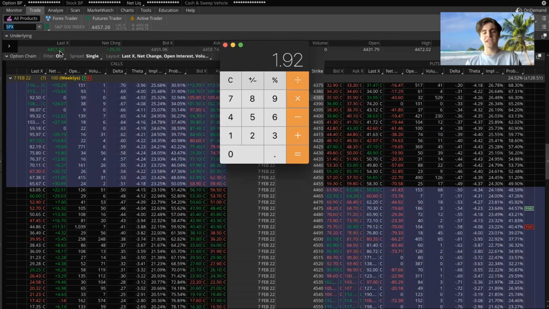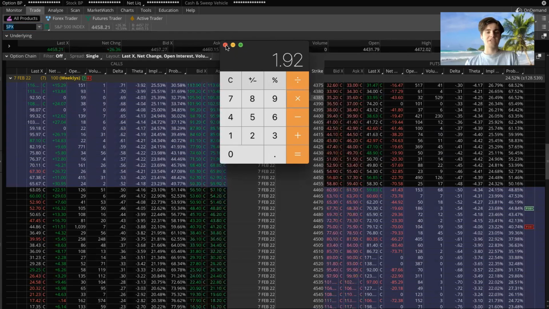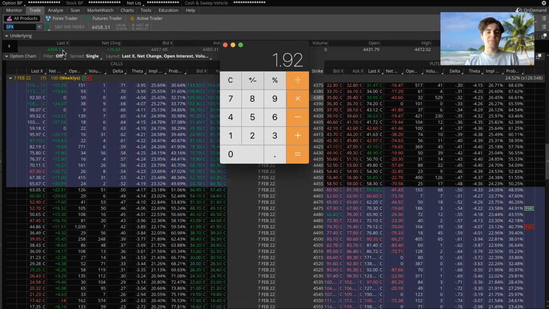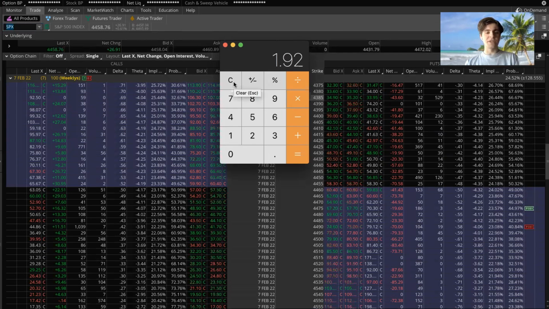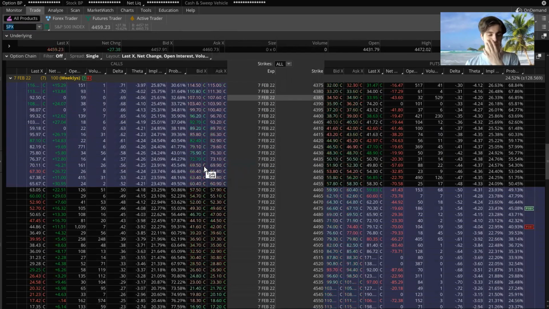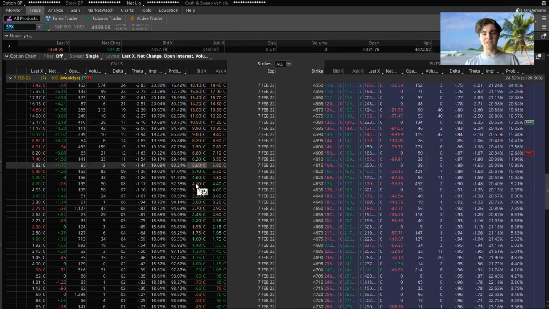To be 1.5 times outside the expected move. So if we did that right now, outside of 192, that would place us all the way up at 4,650, maybe 4,660 area. Yeah, 4,650. So let's go all the way up to 4,650 and see what that premium is looking like.